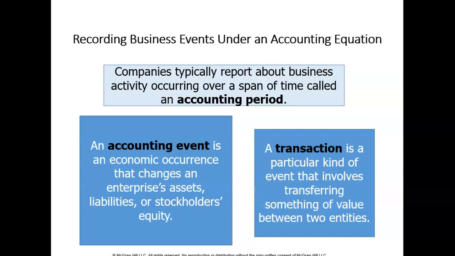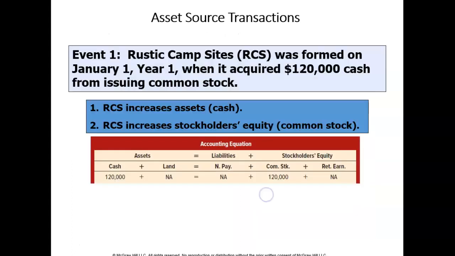So when you think about an actual company, when they provide a service, sell products, pay their taxes, pay rent, insurance, these are all examples of different types of accounting events or transactions because they're going to impact that company's assets, liabilities, and or stockholders' equity.